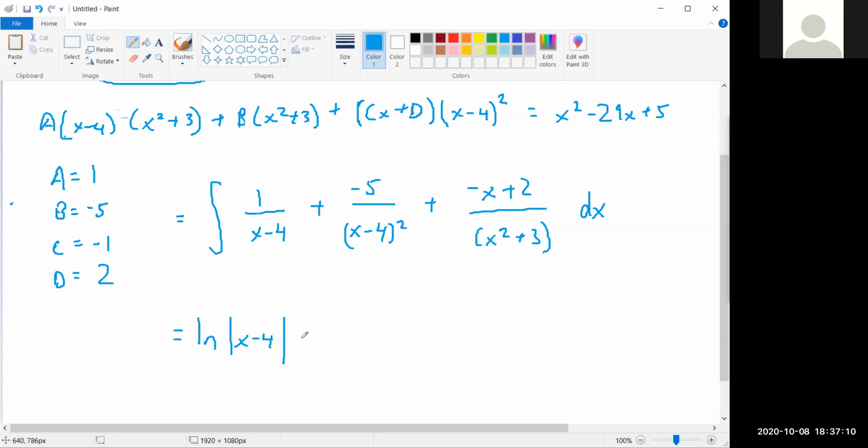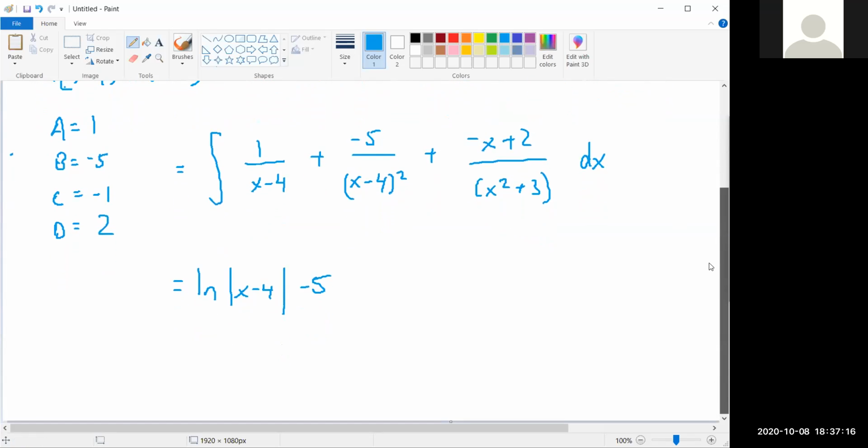I can factor the -5, right? And then take the integral. So -5, let's do it on the side. So we're trying to do 1 over x minus 4 squared. How do we do that one?